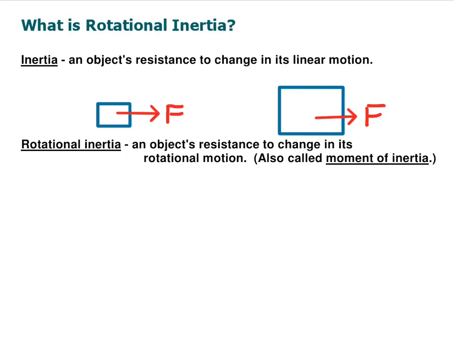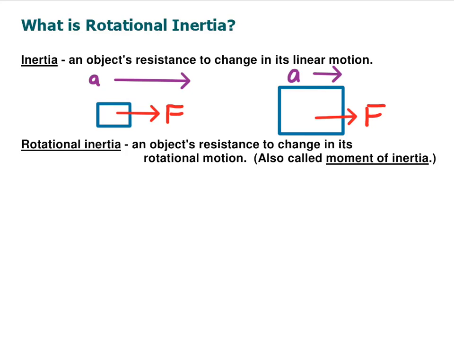But this small box is going to experience a much larger acceleration than the larger box will. So it's a lot easier to change the motion of this small box than it is to change the motion of this more massive box. So mass has everything to do with the amount of inertia an object has in linear motion.